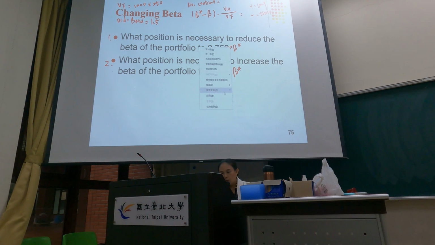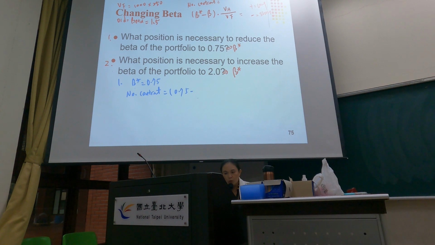Okay, so question 1. When beta star equals 0.75, the number of contracts equals 0.75 minus, remember originally your beta is 1.5, it's not 1. Original beta from the previous question is 1.5.